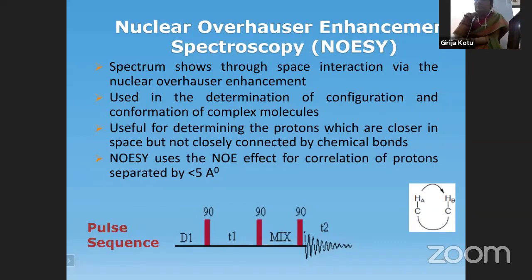But if these two protons come spatially closer based on the geometry of the molecule, then the connectivity is shown in the form of a spectrum. That is a NOESY spectrum, provided these two protons are less than 5 angstroms apart. If the two nuclei are below 5 angstroms, then you can observe the connectivity.